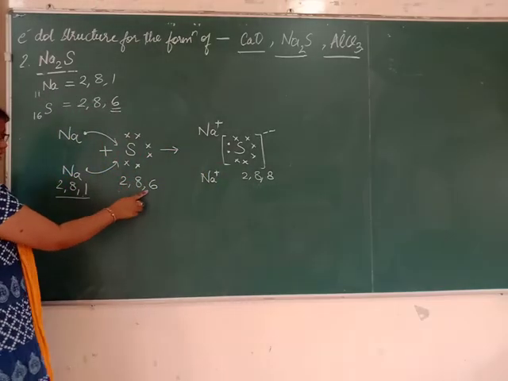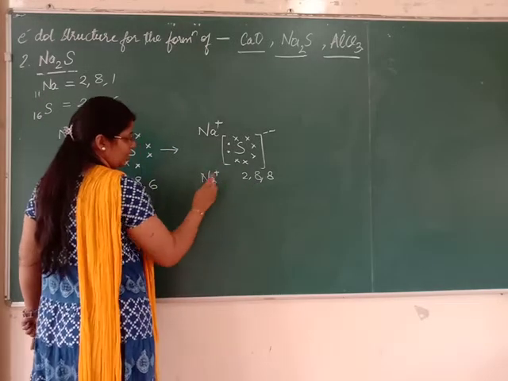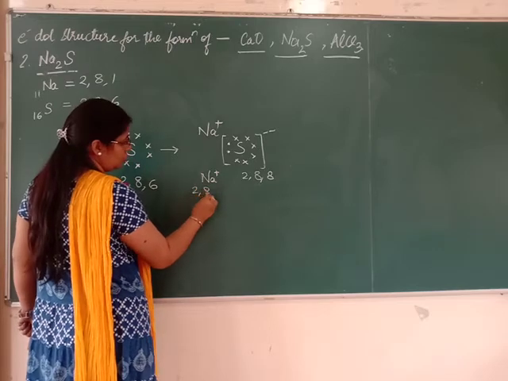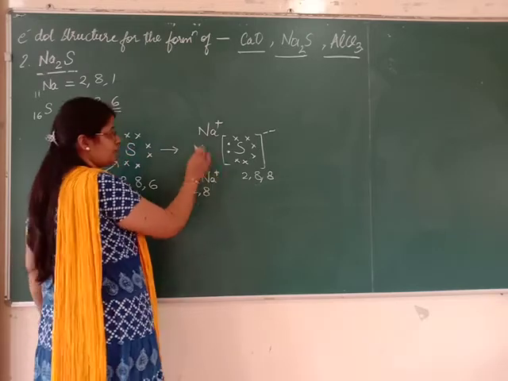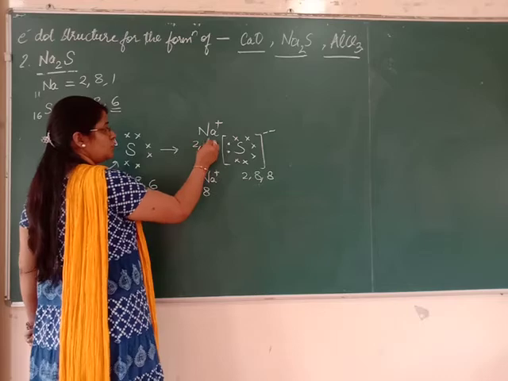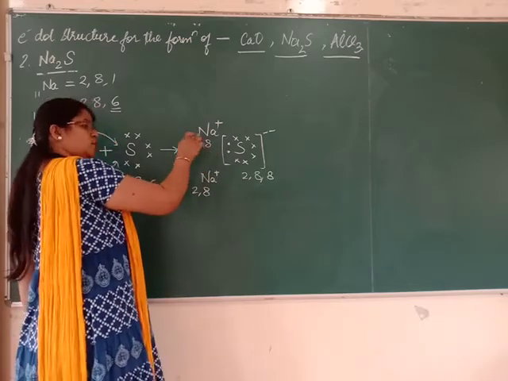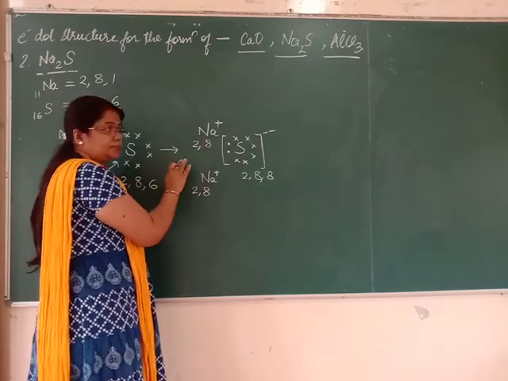It was 2, 8, 6, becomes 2, 8, 8. Sodium's electronic configuration becomes 2, 8 because it loses 1 electron. The other also becomes 2, 8 because it has also lost 1 electron.